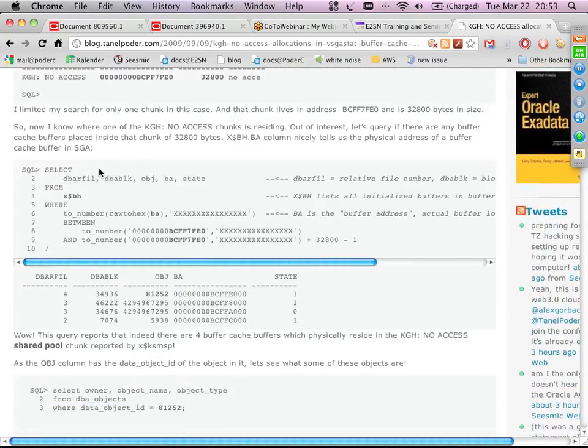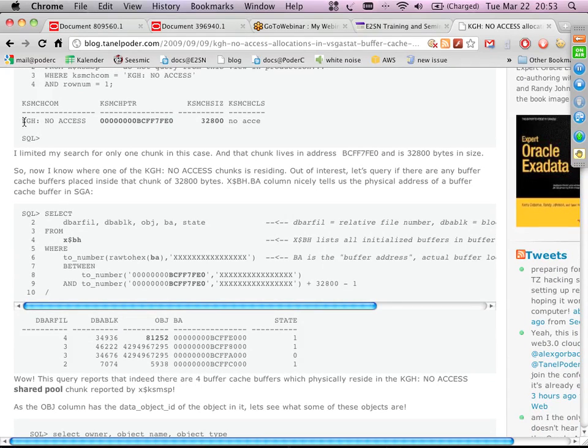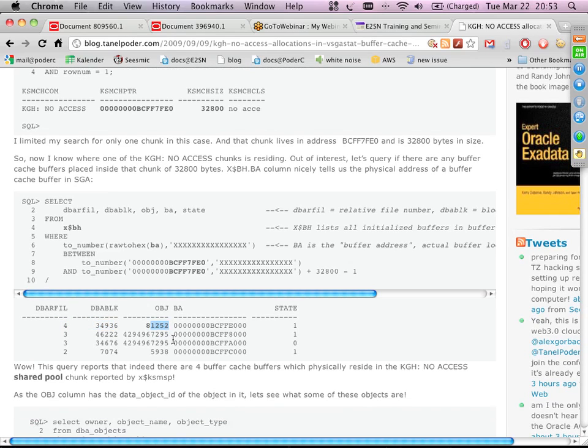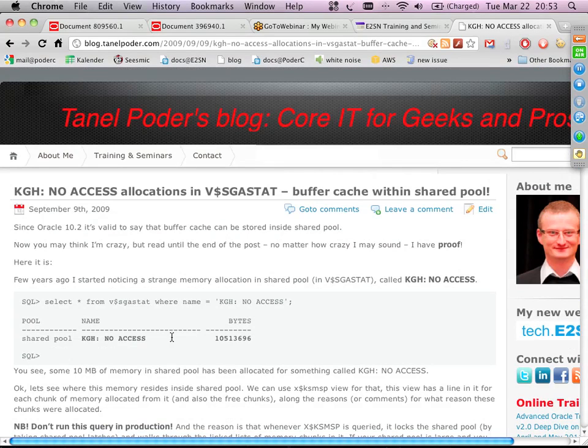I have evidence which shows that this memory inside shared pool is actually part of buffer cache. This memory is used by these buffers, for example. So this is the file number, block number, and object ID. And the reason this is needed is for SGA target, for reducing shared pool size if needed. Well, you can read about that yourself.